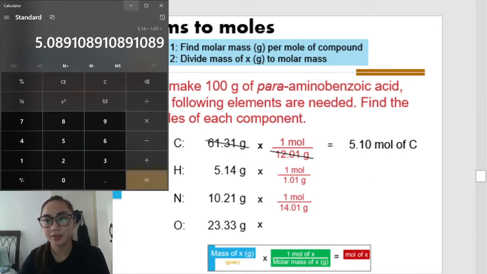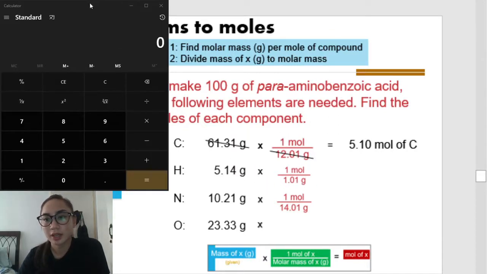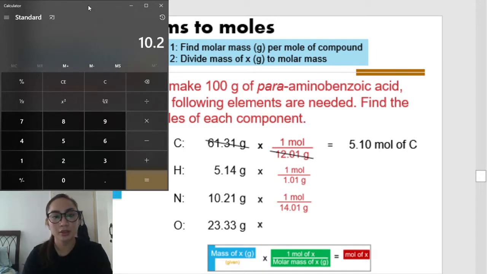So next we have nitrogen. 10.21 grams is our given. Again, cancel out grams and grams. We got the 14.01 from the periodic table as is, so that is its atomic mass. So we compute 10.21 divided by 14.01.